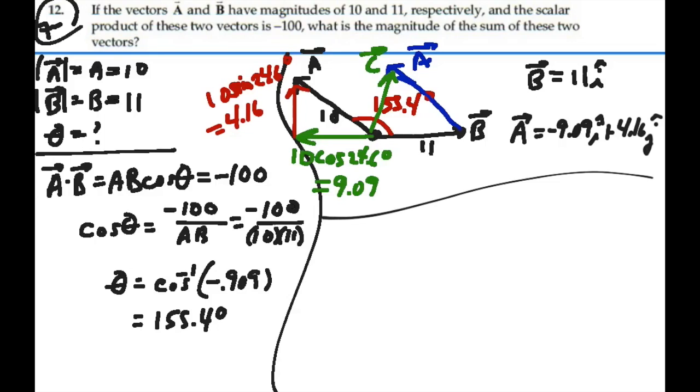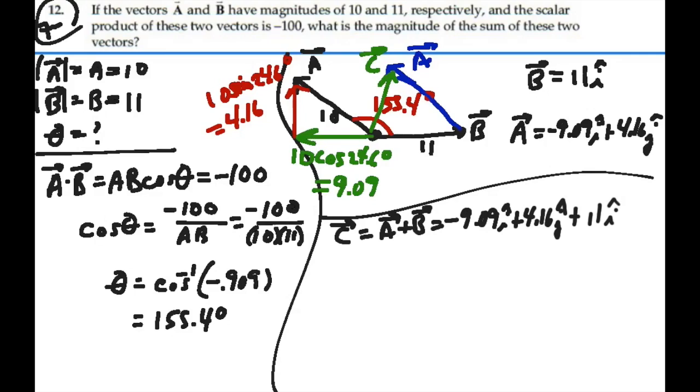And so if we were to add them together, C is going to be equal to A plus B, which is a negative 9.09i plus 4.16j plus 11i. So it's going to be equal to 1.91i plus 4.16j. So that's our vector C.